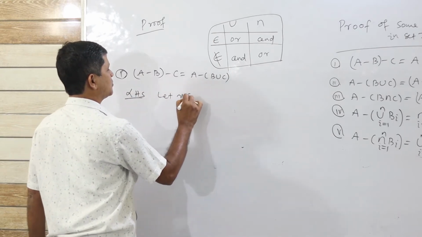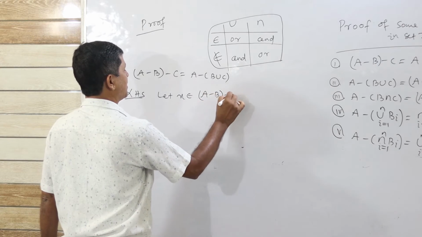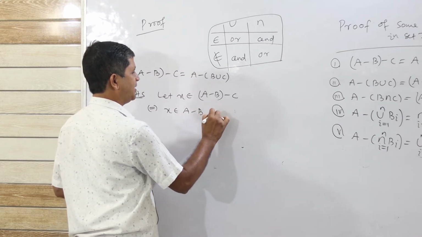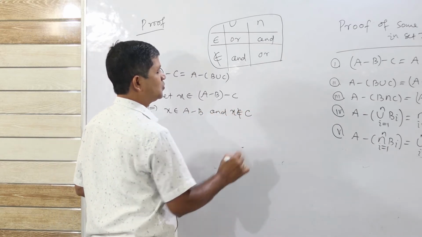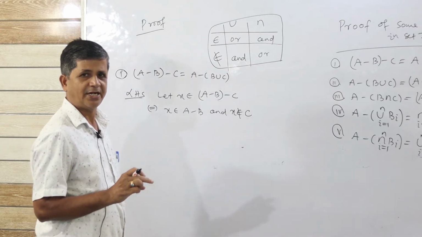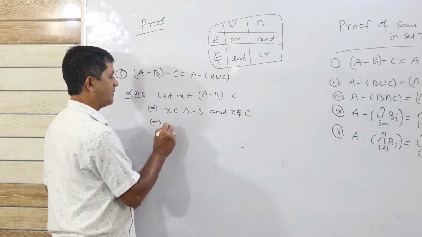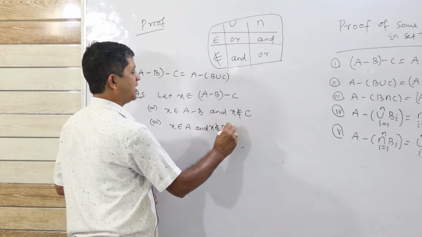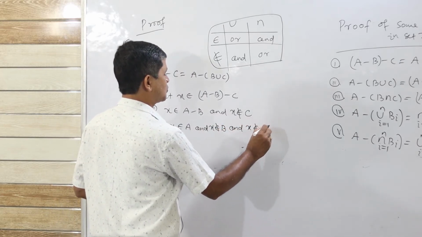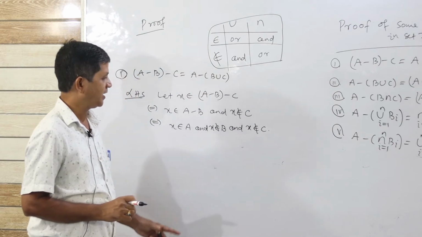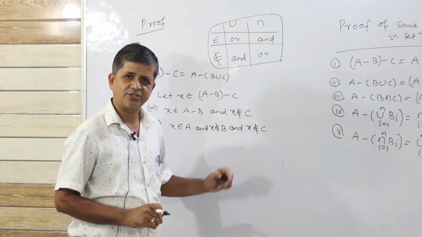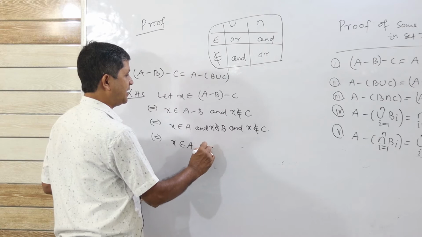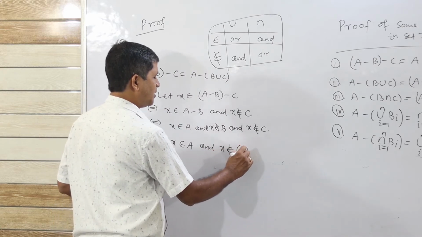Let x belong to A − B − C. This implies and is implied by x belongs to A − B and x does not belong to C. That is, x belongs to A, x does not belong to B, and x does not belong to C. This implies and is implied by x belongs to A and x does not belong to B ∪ C.